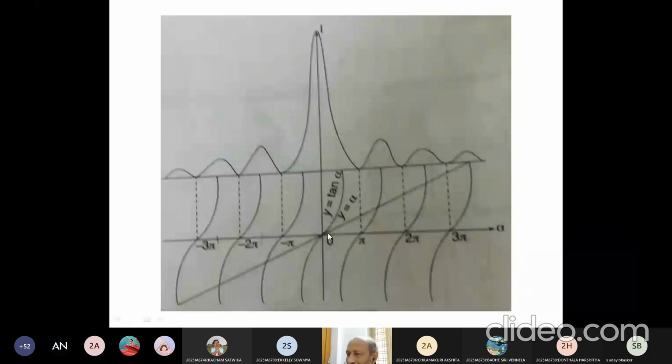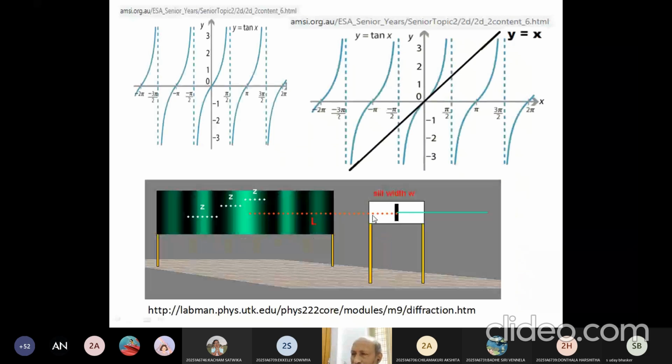Wherever these two curves meet, that means wherever these values are equal to each other, these are the conditions when you get secondary maximas. That's what is understood from this expression.